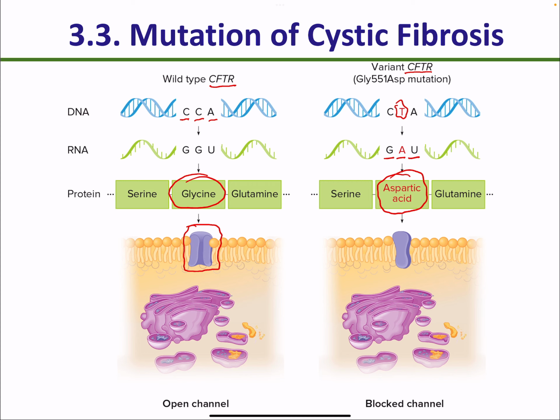Because of that, rather than forming a channel, the mutated CFTR protein is going to form a protein that is still folded in 3D, but doesn't have a channel. Therefore, the chloride ions here are going to be blocked. And because the chloride ions are blocked, now we're going to have an unusually high amount of mucus outside of the cell, which is a major issue in cystic fibrosis patients.